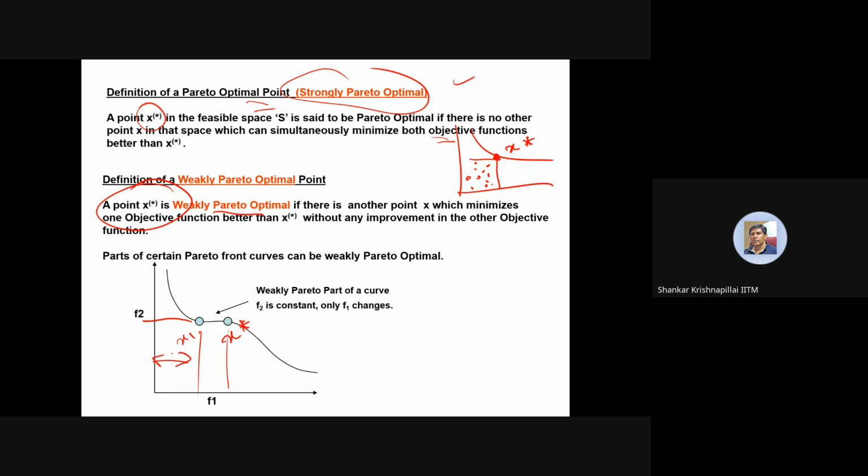So the F1 value for X1 is better than for X star. This is called weakly Pareto optimal. A weakly Pareto optimal point means it has the advantage of being minimum only in one value, F1 or F2. These are some standard definitions.